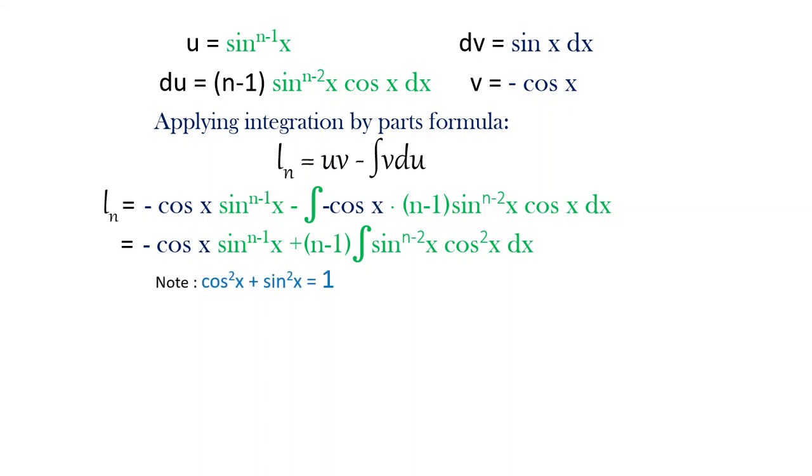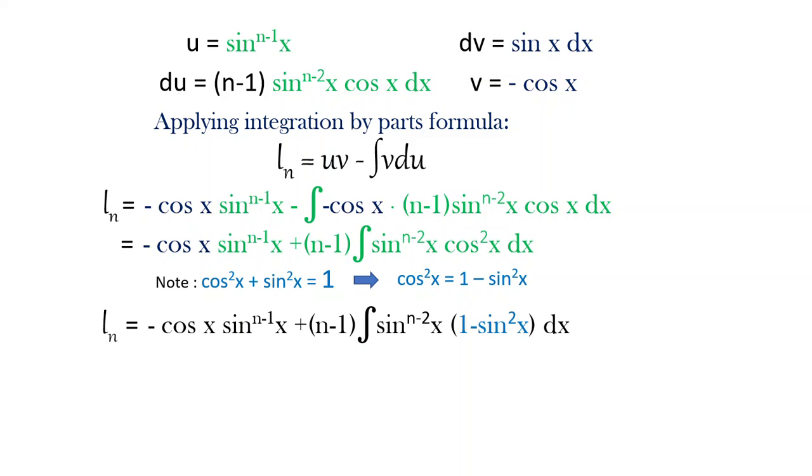We know that there's this identity which says cos squared x plus sin squared x is 1. So we can use this identity to replace cos squared x. We can rewrite this identity and say cos squared x is 1 minus sin squared x, and now we replace cos squared x with 1 minus sin squared x, as you can see in blue right there.